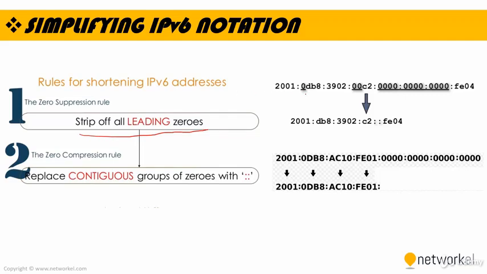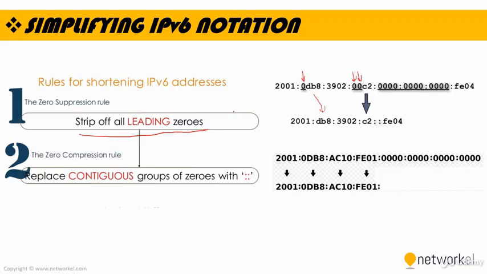For example, here, as you can see, I have a leading zero. Here, I have leading zeros. So I'm stripping them off, and instead of 0DB8 I can write just DB8. This is the first rule that I can use.